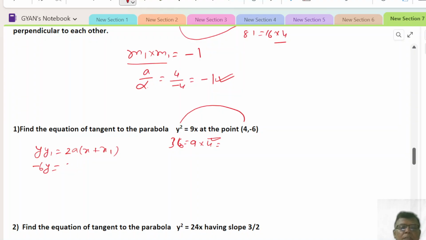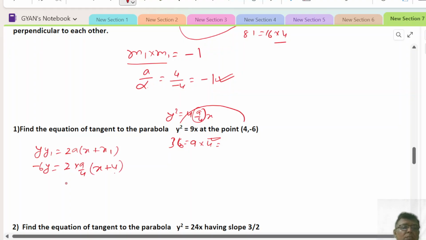So y1 is minus 6, and 2a. What is a? A we have to find. So y squared is equal to 4 into 9 by 4 into x. So 9 by 4 is a. So 2 into 9 by 4 into (x plus x1), x1 is equal to 4.